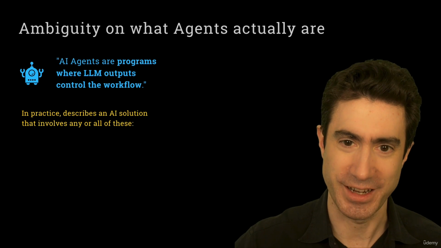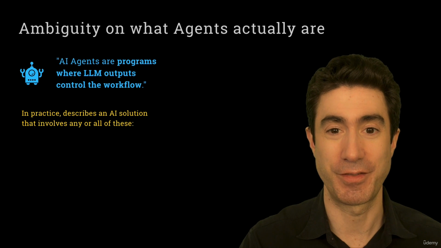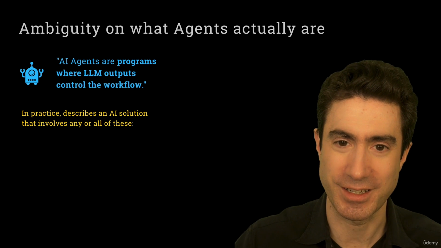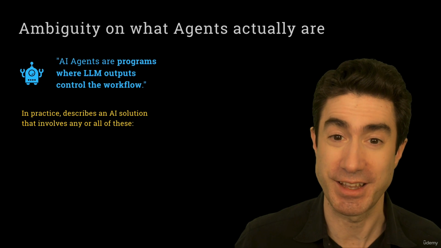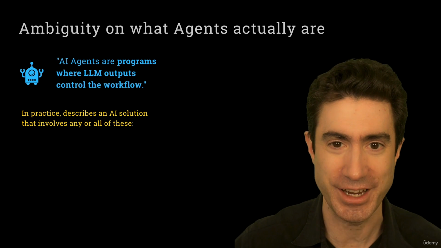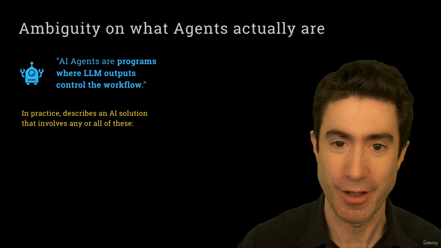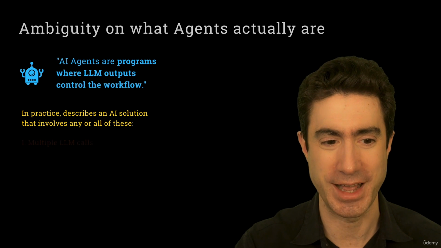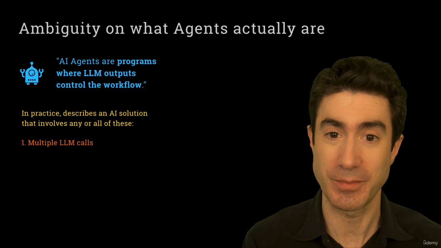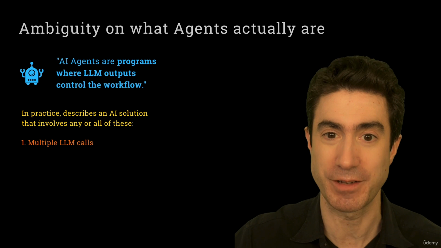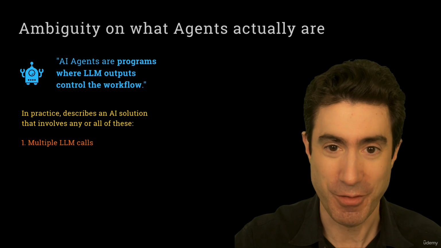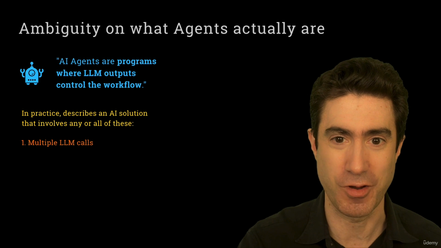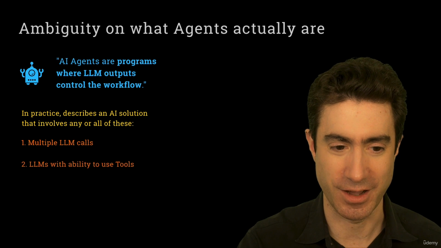More generally, though, you will find that there are different hallmarks of what makes something an AI solution. And people will often use the term agentic AI or agents if any one of these 5 hallmarks are met. So first of all, sometimes any solution that involves multiple LLM calls could be called agentic AI. And, a bit like the one that we just built in day one, that could be called agentic AI.